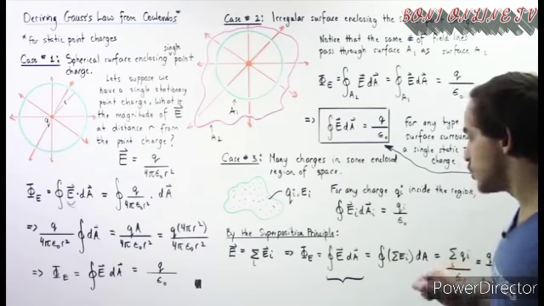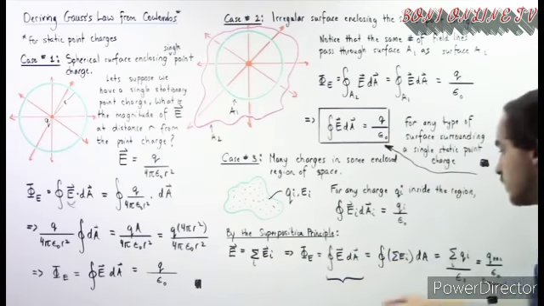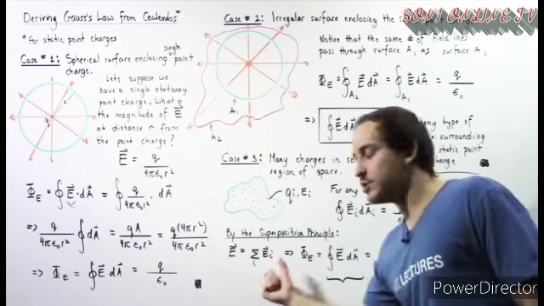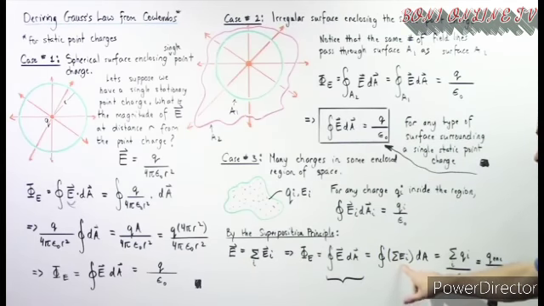And from this result, we can replace our E with a summation symbol, and we get the following result. Now, if we actually evaluate this, we get the following result: the sum of all our charges divided by epsilon naught.